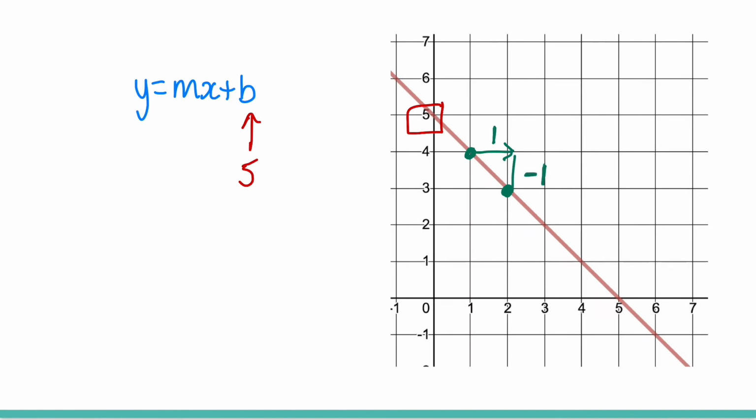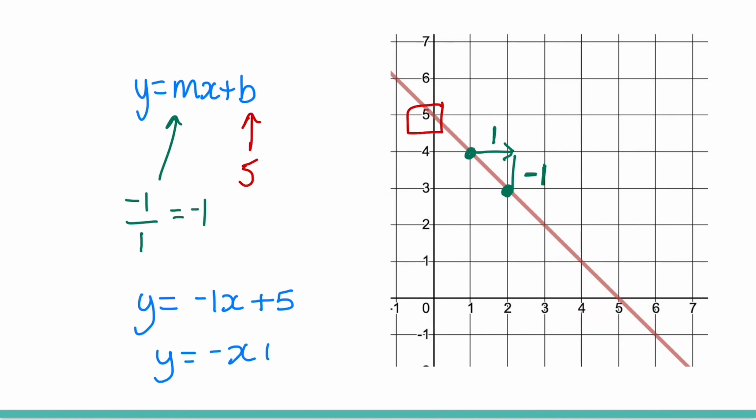We've dropped down by 1, so the gradient is rise over run, which this time is -1. So my final equation is -1x plus 5, which is fine to write, or we can simplify that to just -x plus 5, where we don't write the 1.